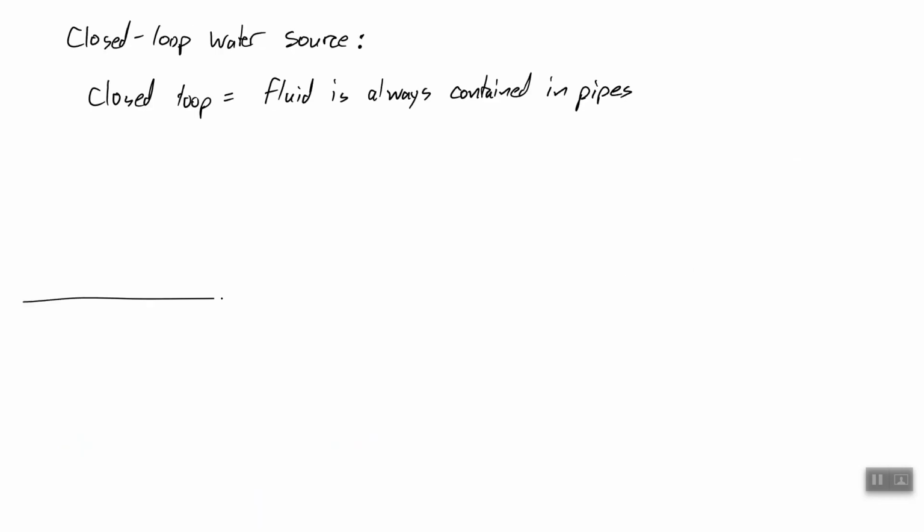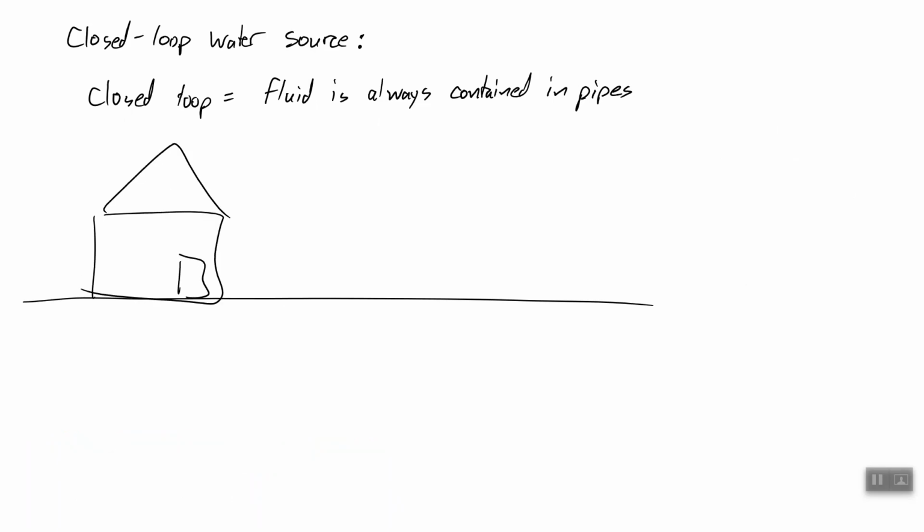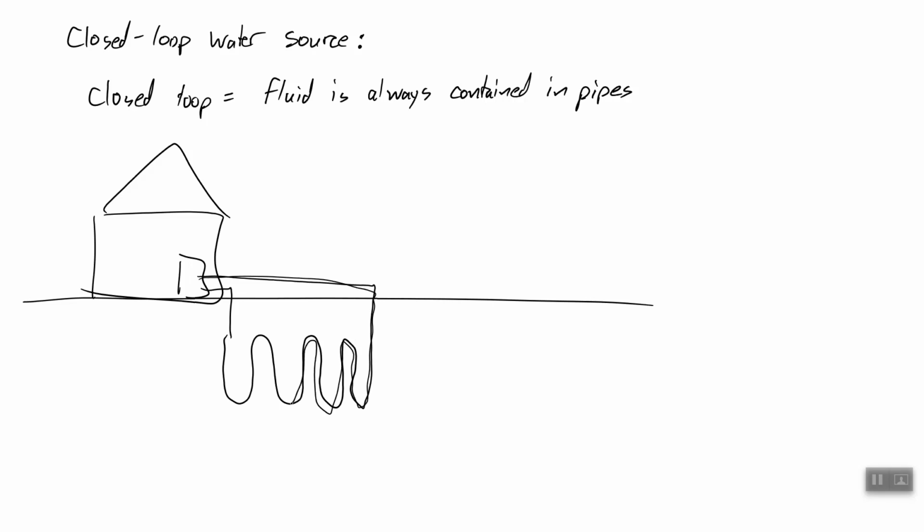In a closed loop system, if this is our house, we have our inside, say, condenser if we're in heating mode, then it's going to be connected to some tubes which run under the ground and form a complete closed loop. So water will circulate through this tube and then go back, and it never actually enters the ground.